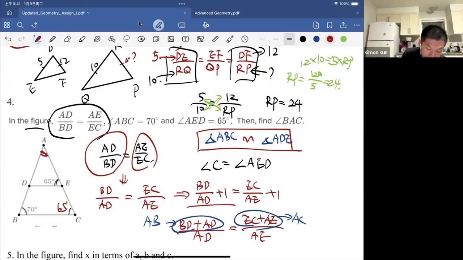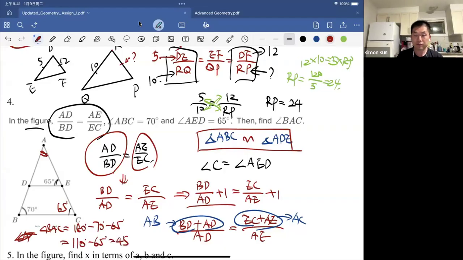So angle BAC will be equal to 180 degrees minus 70 minus 65, which is 110 minus 65, equal to 45 degrees. This is number 4.